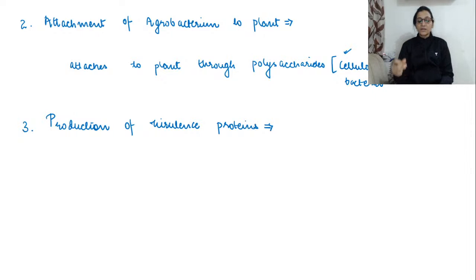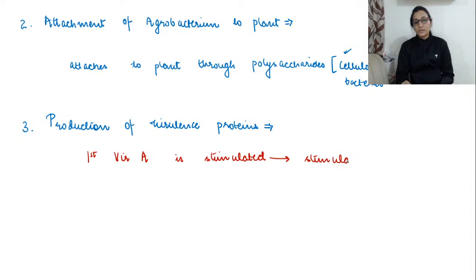And to start the signal induction by phenolics, the first gene which is stimulated is Vir-A. Vir-A is stimulated, and this Vir-A in turn stimulates Vir-G.